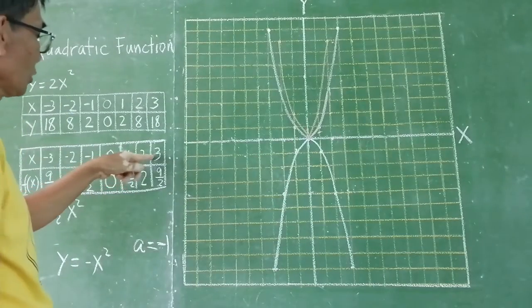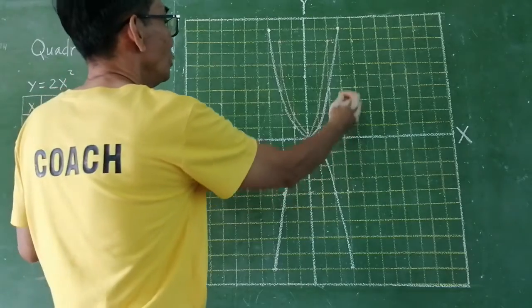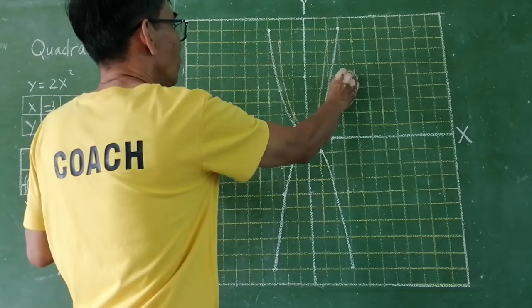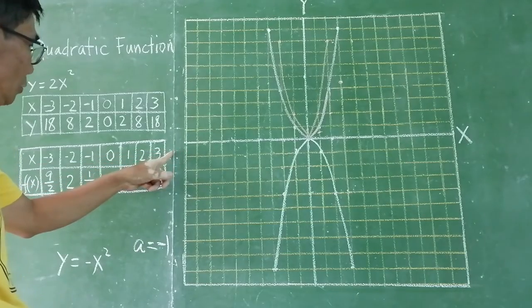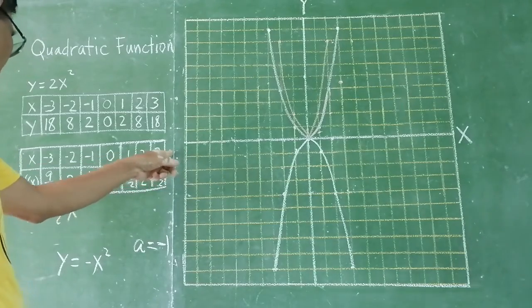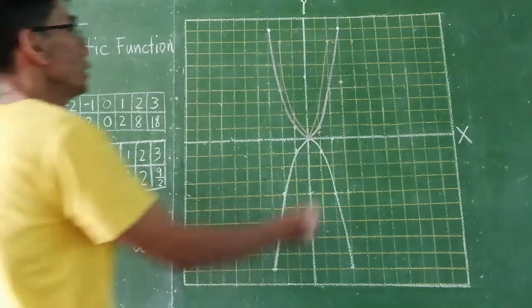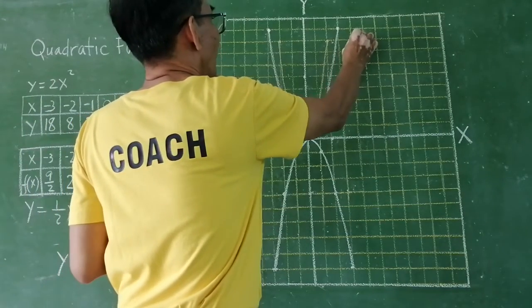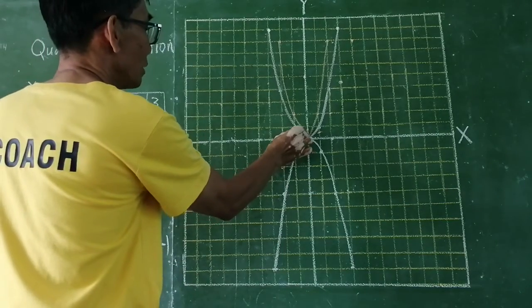When x is 3, that is 9/2 or 4.5. And you can add still one more. When x is 4, so 16 divided by 2 is 8. So the others is just a reflection.